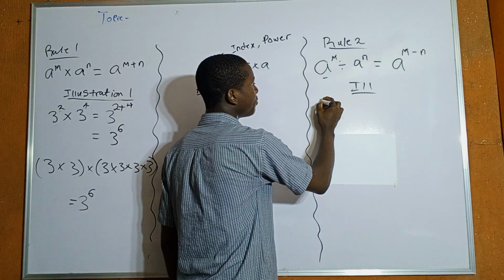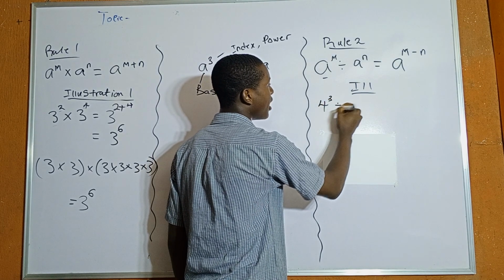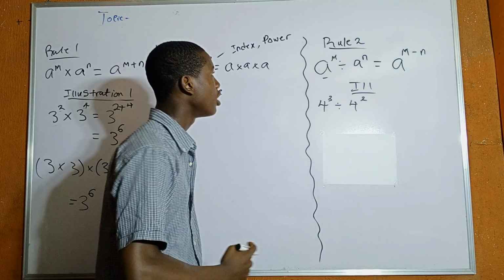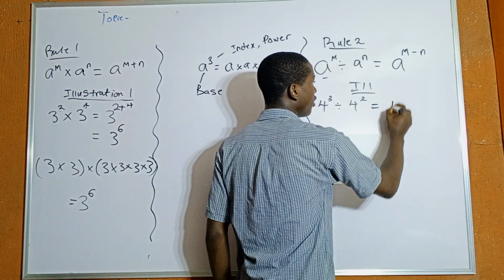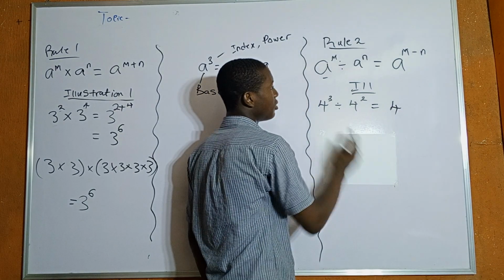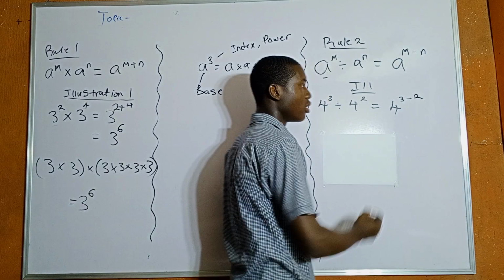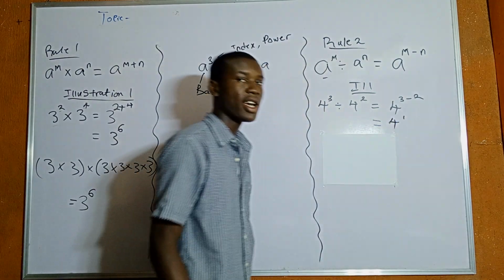We are given 4 raised to power 3 divided by 4 raised to power 2. So according to the second rule of indices, it will be equal to 4, which is one base, and 3 minus 2, which will be equal to 4 raised to power 1, right?